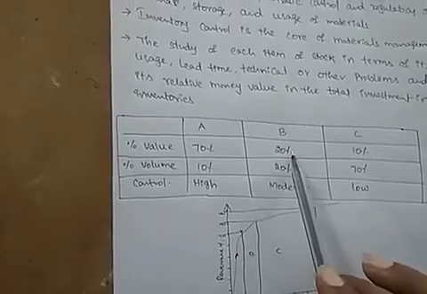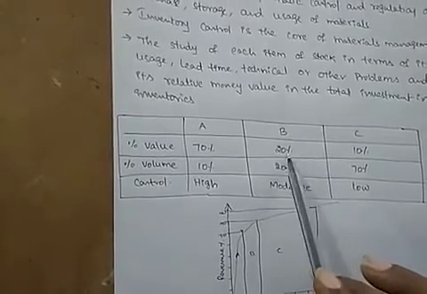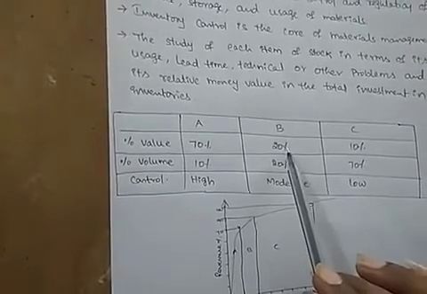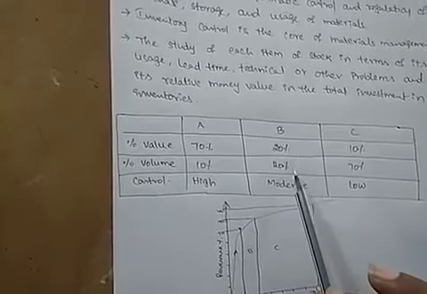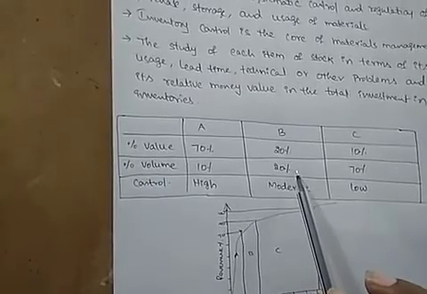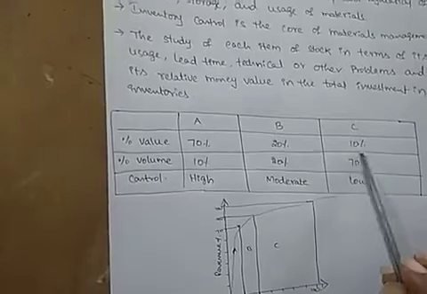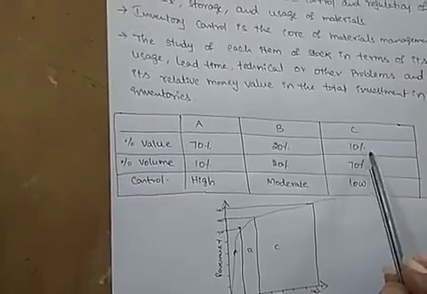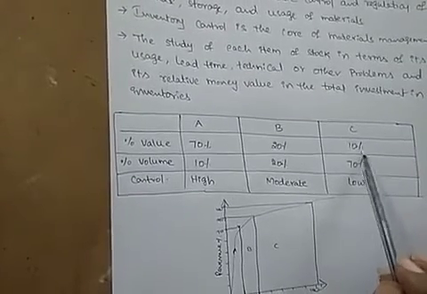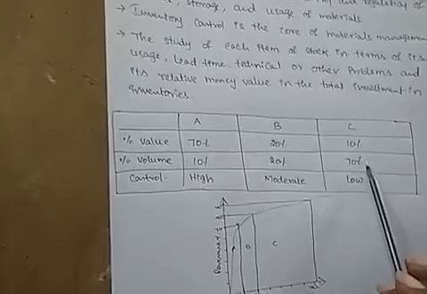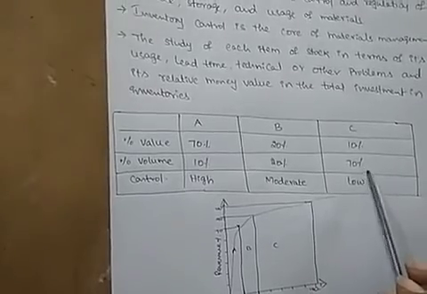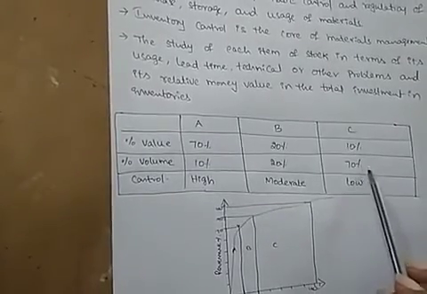In the B category, out of 100, we invest 20% of the funds and receive 20% of the materials. Then in the C category, we invest only 10% of the funds, but we receive 70% of the quantity of materials.